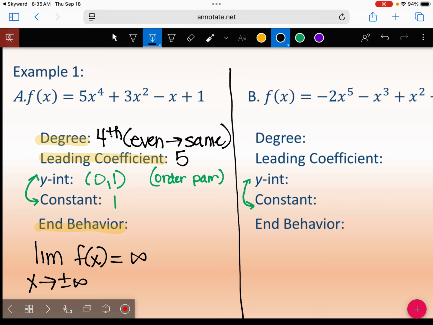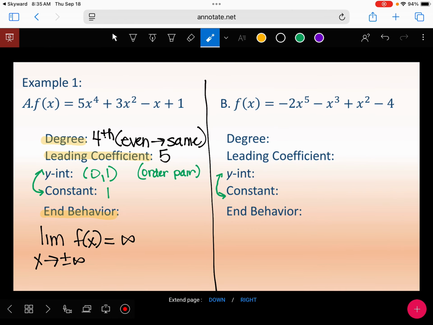All right, you can go ahead and check your answers against mine for A, and then try to fill in B all by yourself. Try to fill in every piece of information for this second equation by yourself, and then we'll come together and compare our answers.